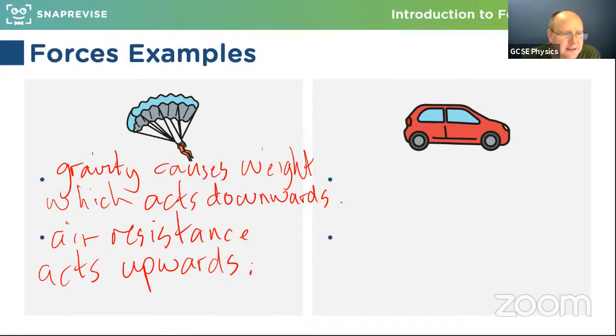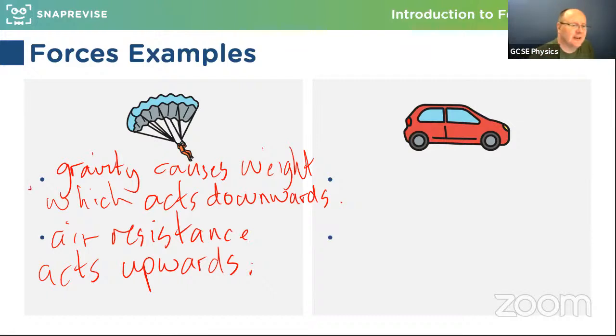Okay, and how would you describe the speed of the parachutist if the air resistance upwards was equal to the weight downwards? What word could you use to describe the speed of the parachutist? Constant speed. Yeah, brilliant.